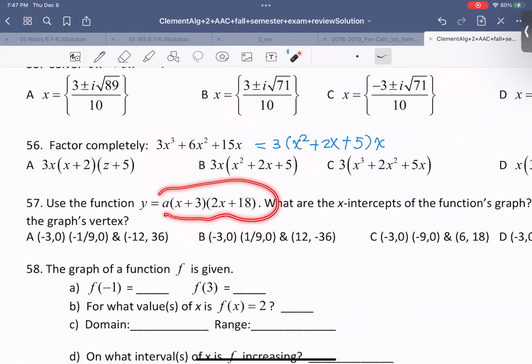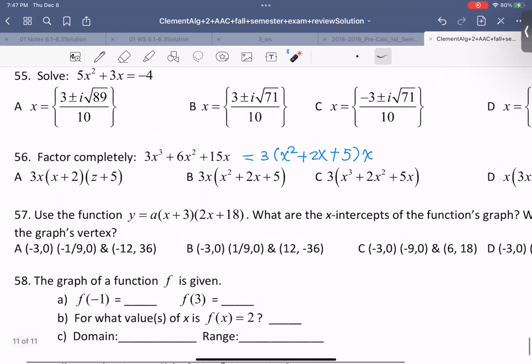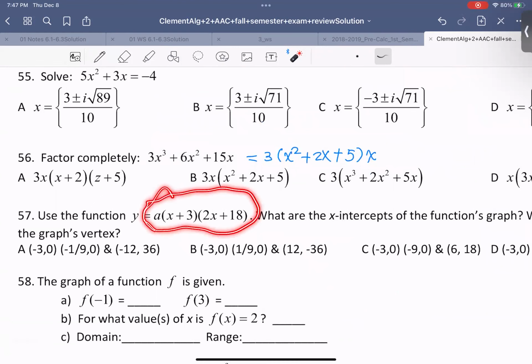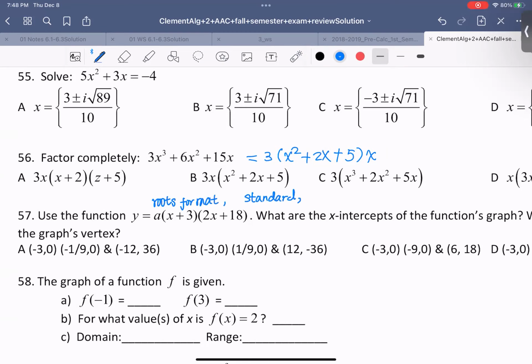Now look at this. Everybody, go ahead. Show me your skills of completing the square. Change this guy. This is called factor format or roots format. I want you to give me the standard format and the vertex format. Go ahead, convert this to these two formats. Show me your notes.